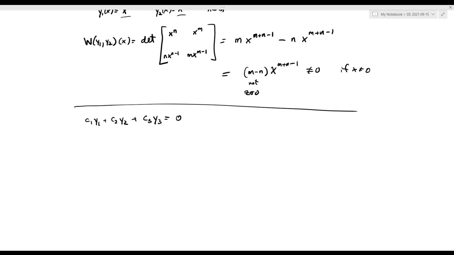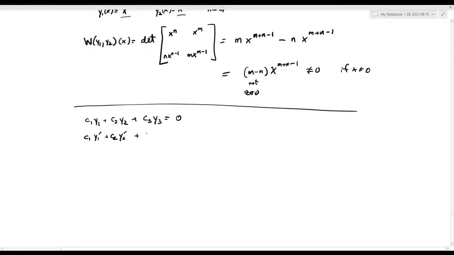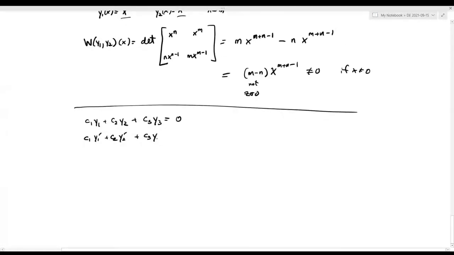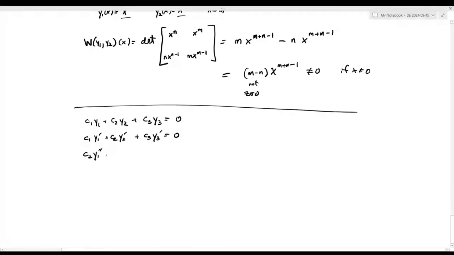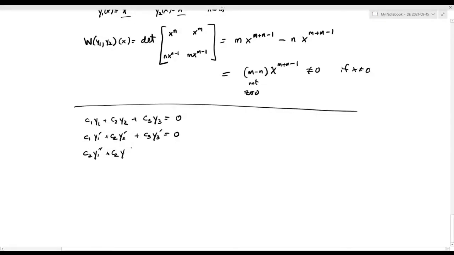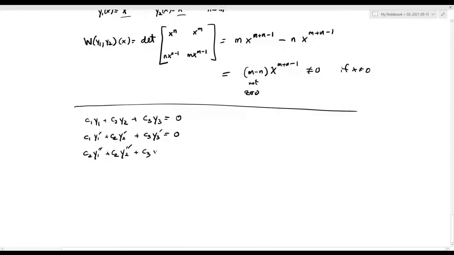Then we want to solve for C1, C2, C3, but it would be easier if we look at derivatives as well. So we just differentiate both sides with respect to the independent variable once, twice, right? Because we want to end up with a system of 3 equations and 3 unknowns, the unknowns being C1, C2, C3. So we can get a square system in here.